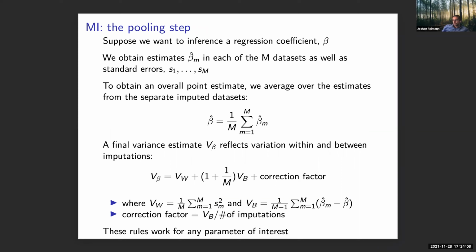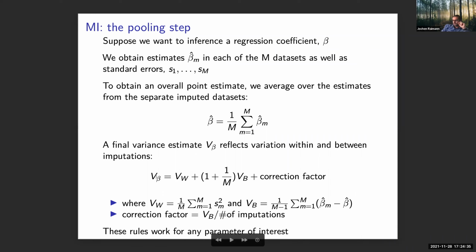So now let's go back to our model, the chain analysis. We obtain estimates for each beta hat for each of the M data sets, as well as the standard errors. To obtain an overall point estimate, we average over the estimates from the separate imputed data sets. The variance estimate reflects the variation within and between imputation.